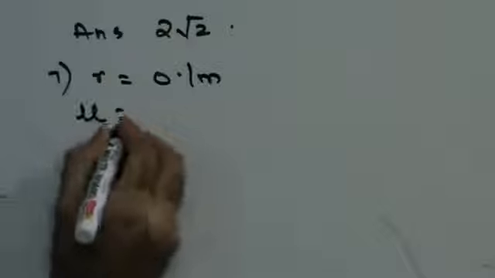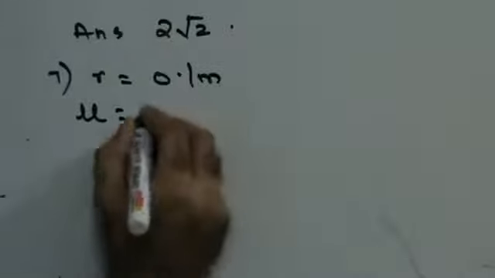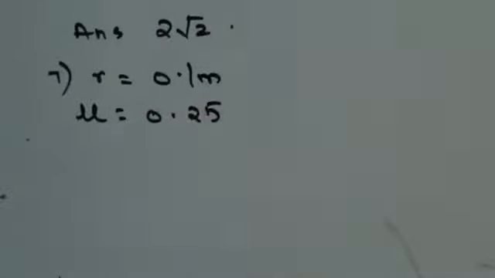If the coefficient of friction is 0.25, find the speed at which the coin would slip.